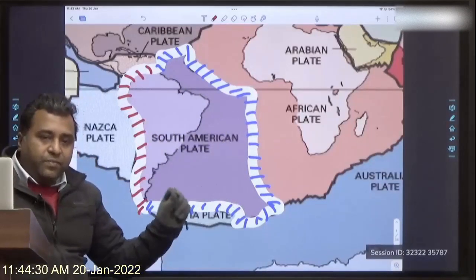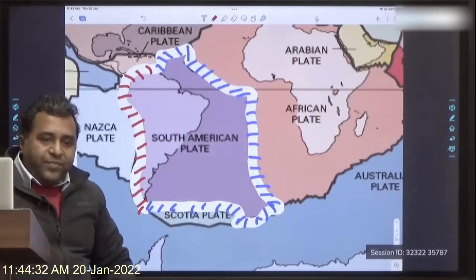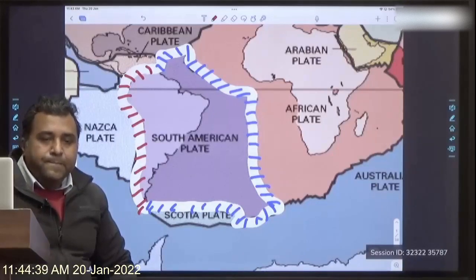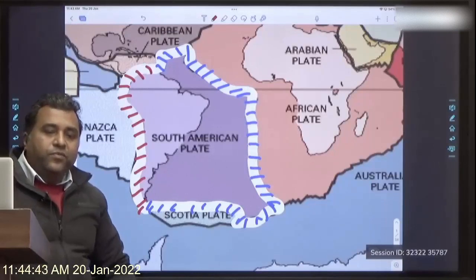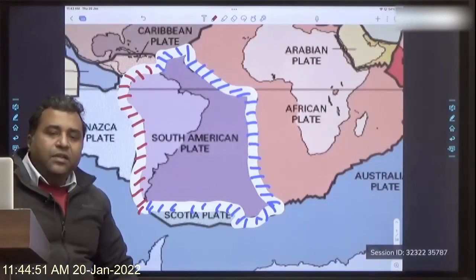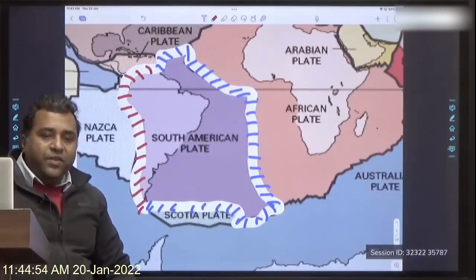Give the answer. Blue, African. Give me that answer. That African plate from the blue color side, what will the African plate behave like? Very good. Those answers are right. The ones that you people are giving: blue, oceanic, red, continental. But from this blue colored side, what will the African plate be?